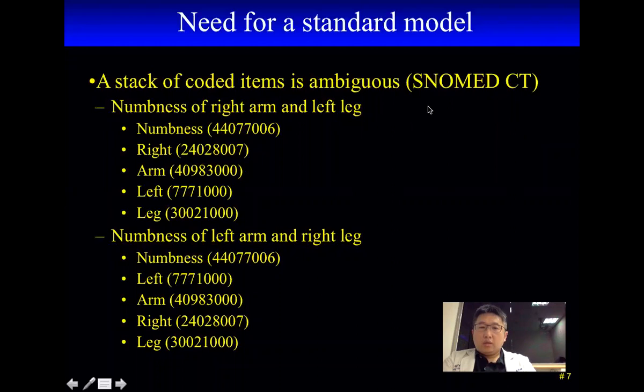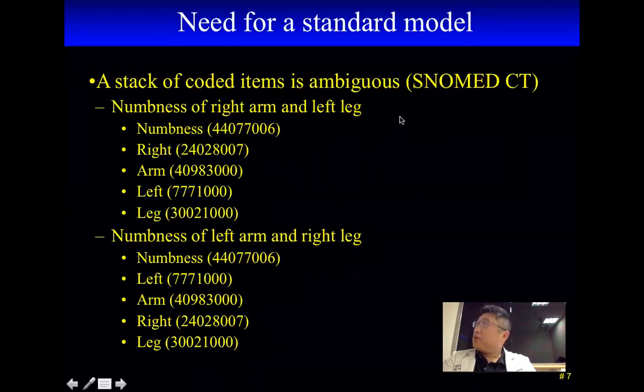Then I think right now we already know that we need standardized terms to store the data. Okay. But here I want to show you that we want to represent knowledge that human beings can read: numbness of right arm, left leg.